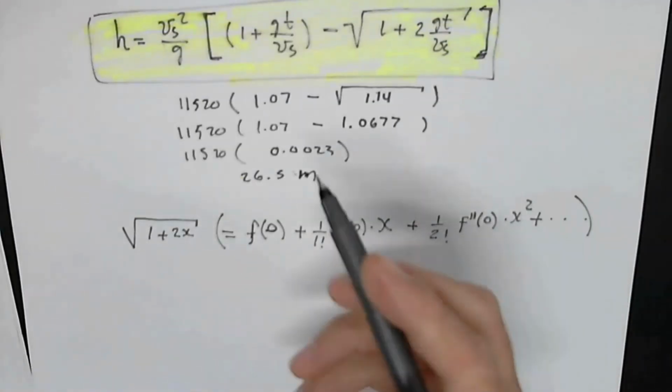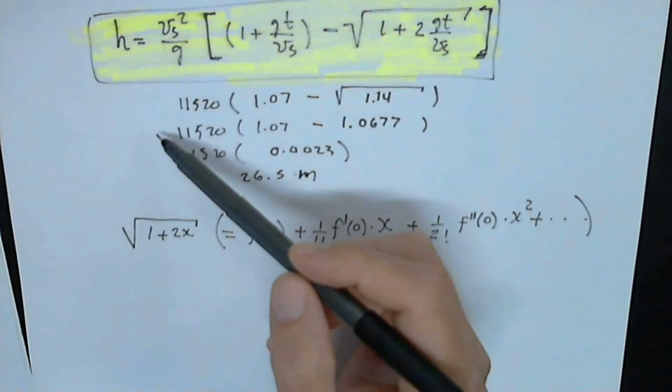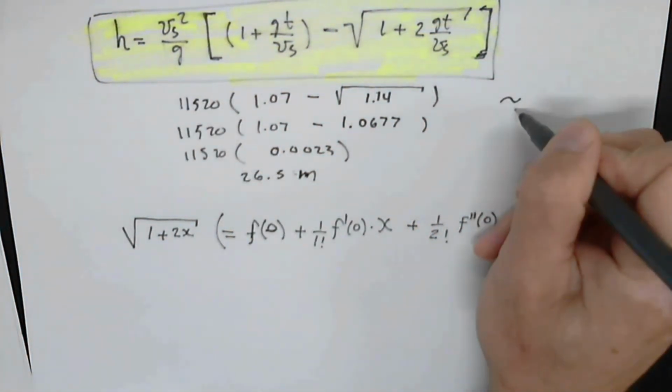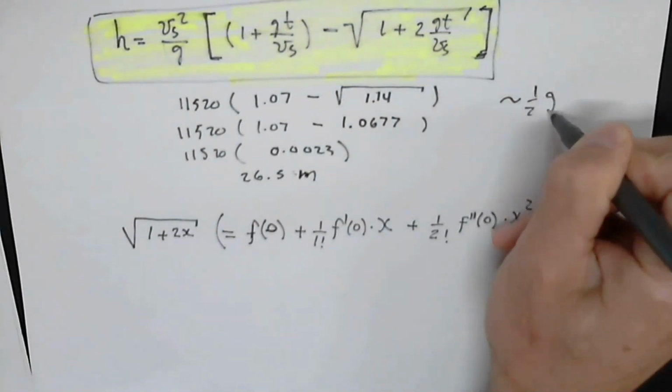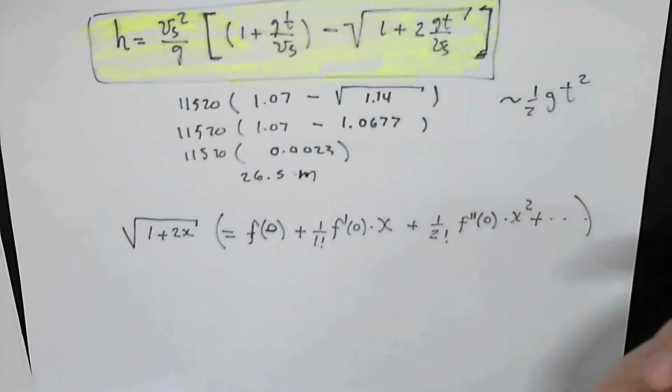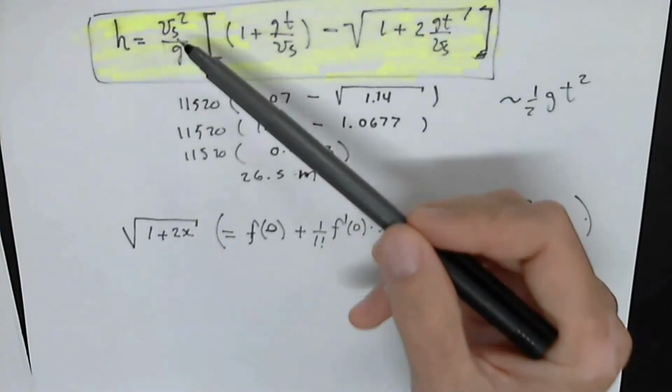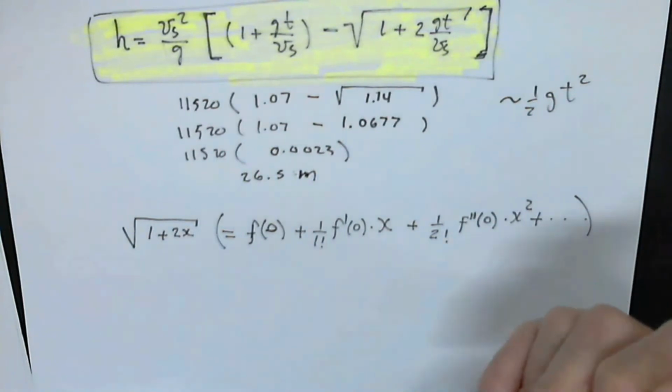So this is very interesting because you expect this to be something like 1/2 gt squared, but you get this speed of sound everywhere in the equation.